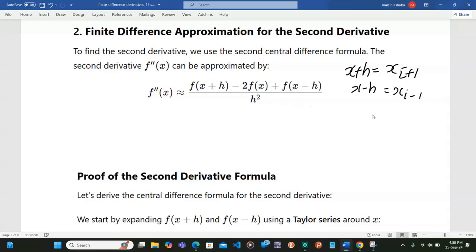And h is the step size on the x side. So this is it. And if given a question, you should be able to use this function and then substitute, then get an approximation to the second derivative of that particular function.